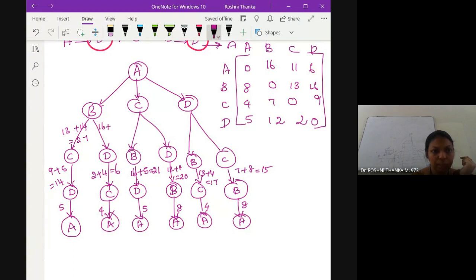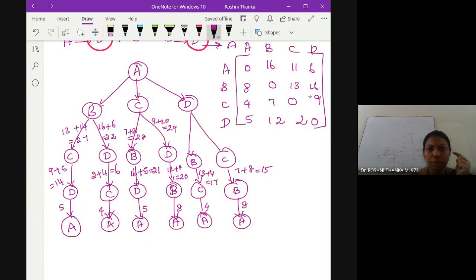So 16 plus, this cost we already know is 6, so it is 22. Similarly, C to B, the cost is 7, 7 plus 21 is equal to 28. And then the cost from C to D is 9, 9 plus 20 is equal to 29.